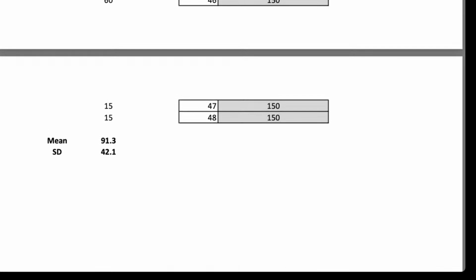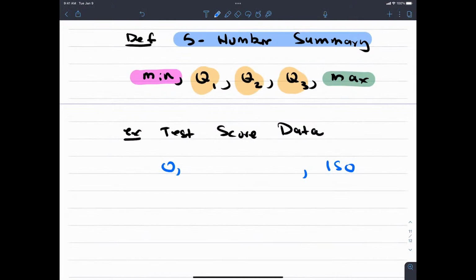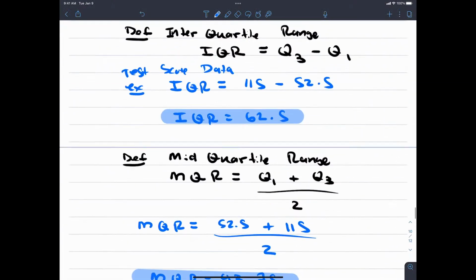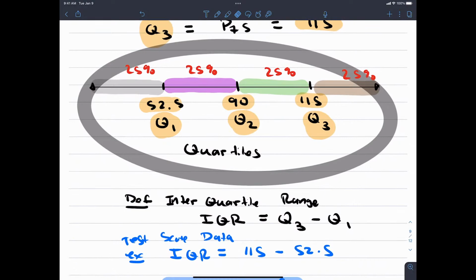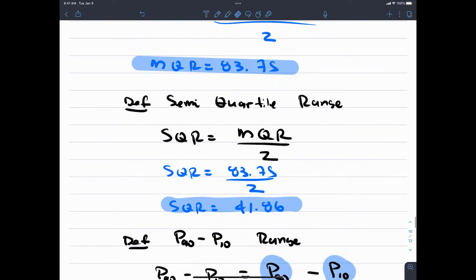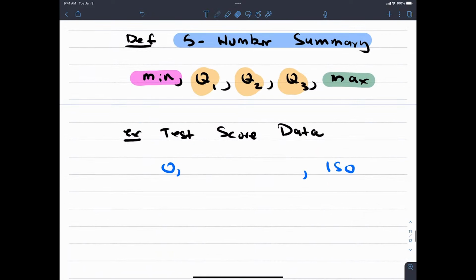Okay. Did you find any quartiles for that test score data? What were they? What are your quartiles? Aren't they still here? 52.5. What else? 90. What else? 115. So you're going to write down what? 52.5, 90, 115.